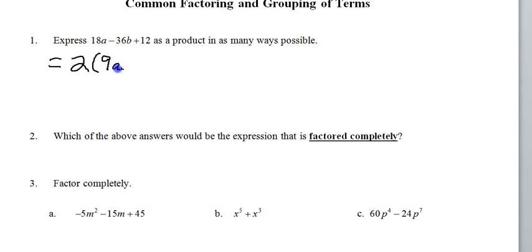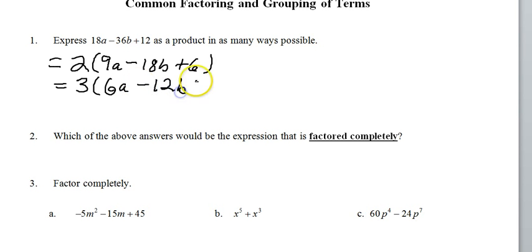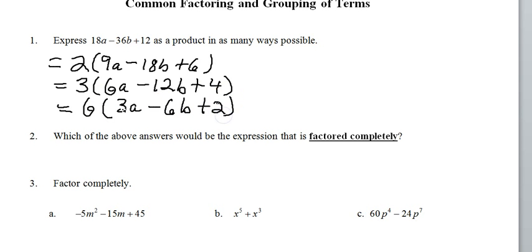Then I'll need a 9a minus 18b plus 6. 3 goes into all of these, so 3 can be taken out as a common factor, giving me 6a minus 12b plus 4. What else goes into all of these? How about 6? So 6 goes in 3a minus 6b plus 2.